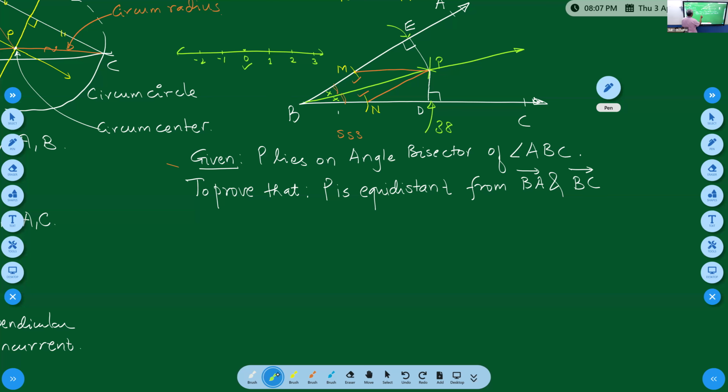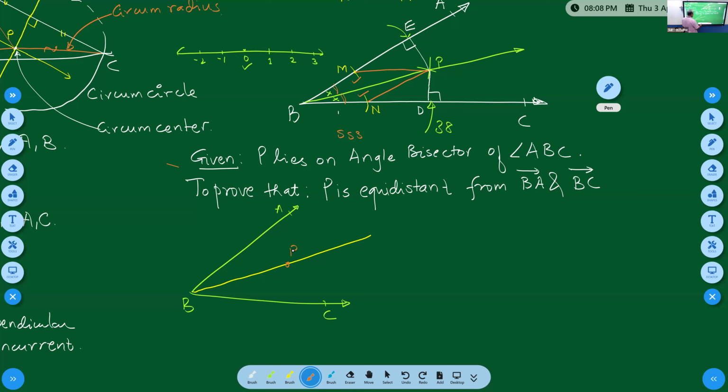Okay, this is going to be simple for you now. This is A, B, C. And we have already drawn the angle bisector and taken point P on it.